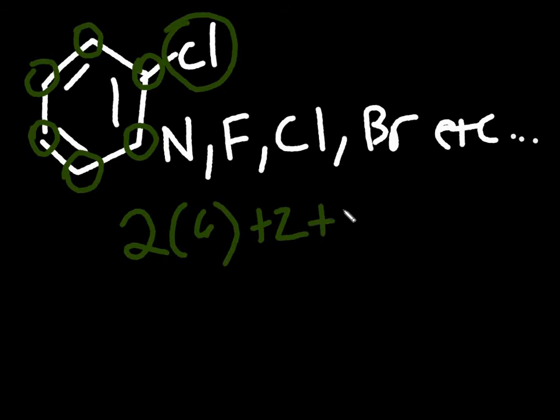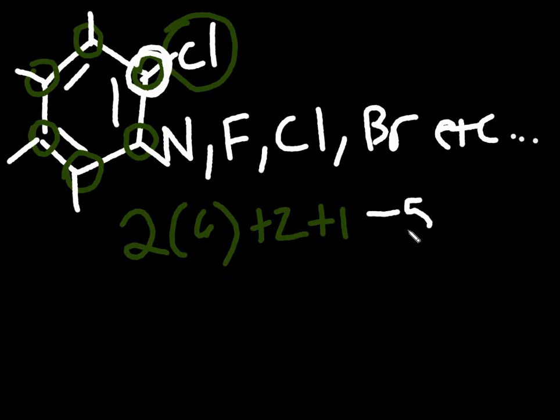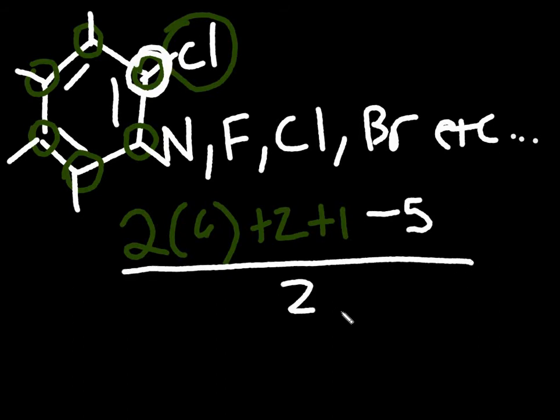So you're going to add a plus 1 there. And then how many hydrogens do we have here? We have 1, 2, 3, 4, and 5 hydrogens there. There's no hydrogen here because there's a chlorine attached. So minus 5, all over 2.